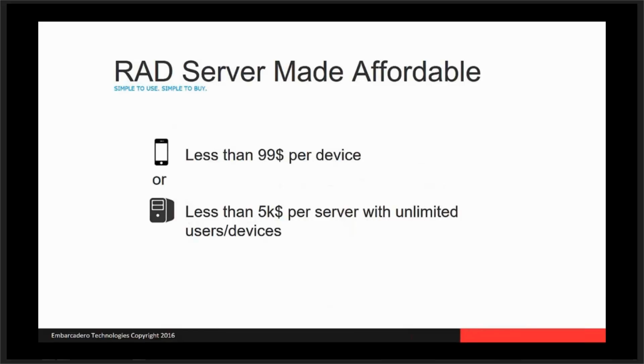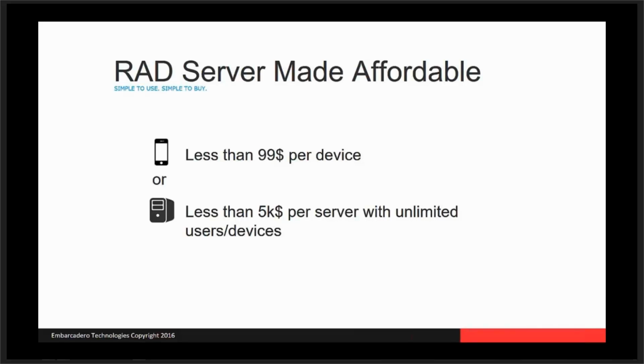So the plan, and again, this is just a plan, it's not a final announcement, this product cannot be bought today, is that we are considering selling the server with a per device license, roughly $99 per device or less, but also offering an unlimited server, full-featured, with unlimited users, unlimited devices, unlimited API calls, either self-hosted or cloud-hosted, and the license for that is expected to be less than $5,000.